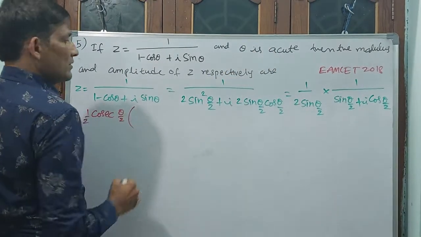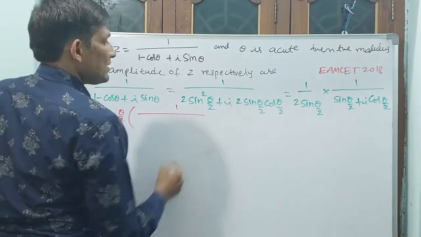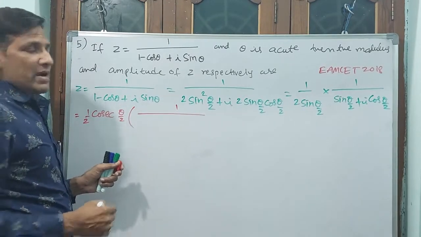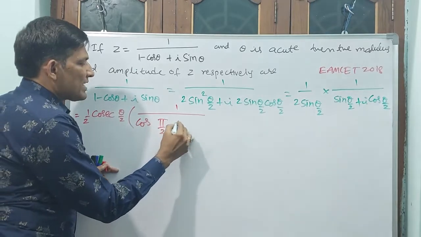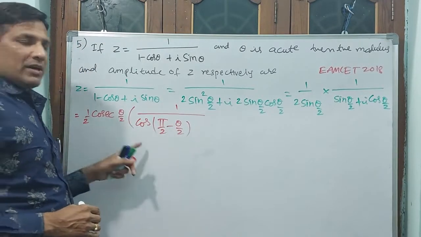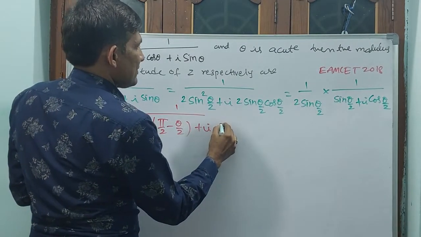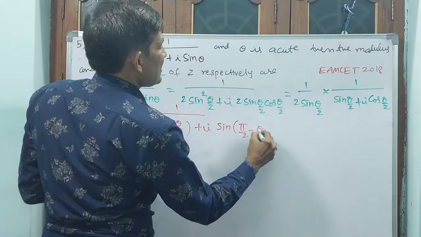Into 1 divided by, sin theta by 2, if you want to get it, means cos of 90 minus theta by 2, cos of pi by 2 minus theta by 2, plus I sin of pi by 2 minus theta by 2.